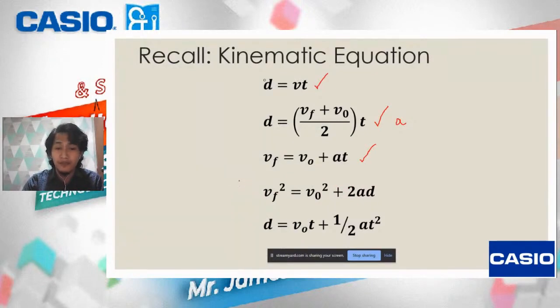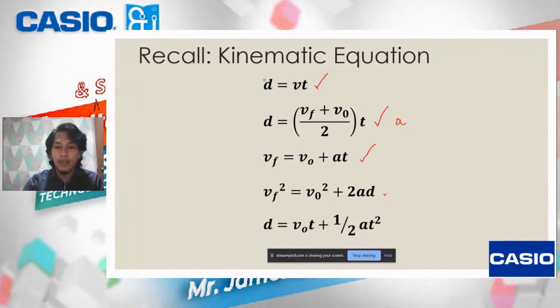So, ginawa natin to so that di tayo nakabase sa time. So if we have the values of initial velocity, the path, and then the acceleration, regardless of the time, pwede natin makuha yung final velocity.